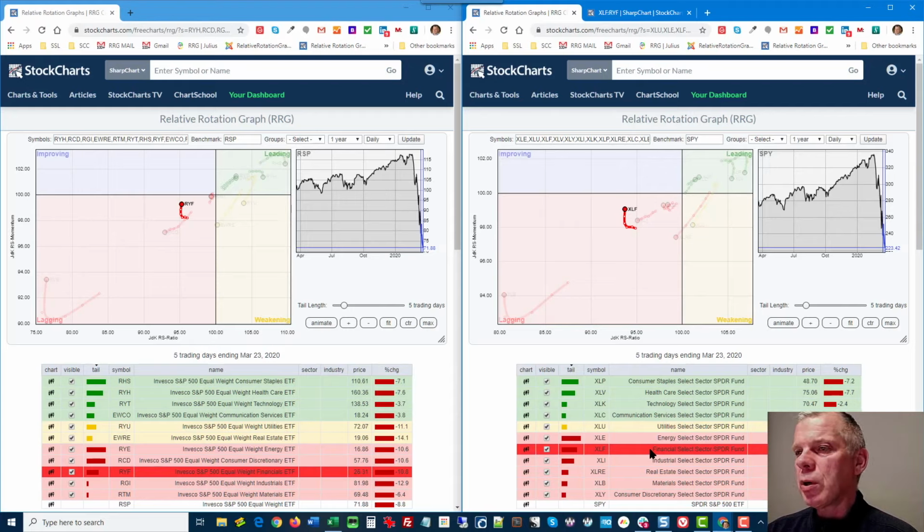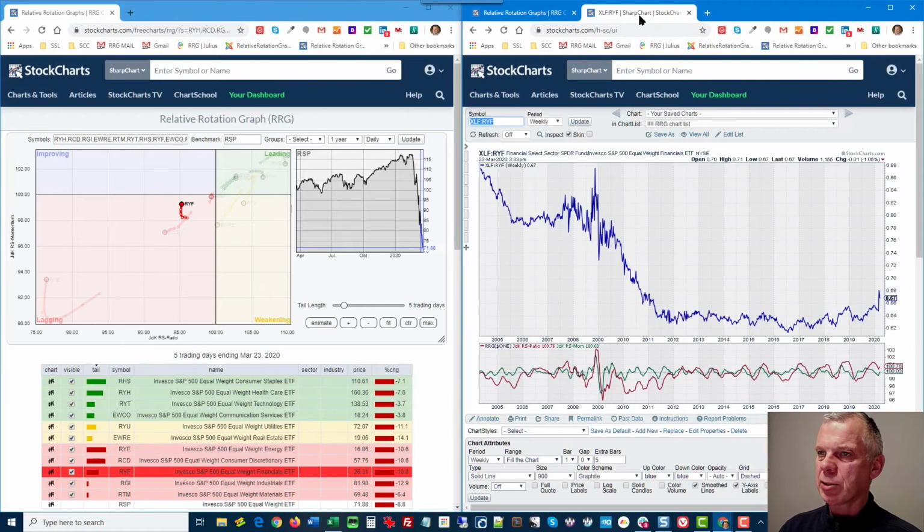Now, as you know, always the final test, the final check that you want to do if you want to go into a pair trade idea is to put these two together in one chart. And that is the regular sharp chart, and you can simply enter XLF:RYF. And I'm not going to take you through the whole process, but especially when I lengthened my horizon, all of a sudden I noticed that this ratio is coming out of a super long base.